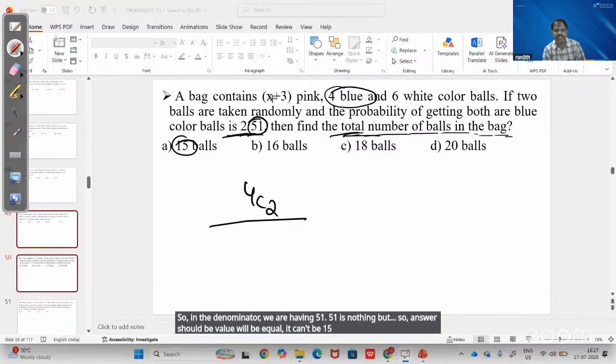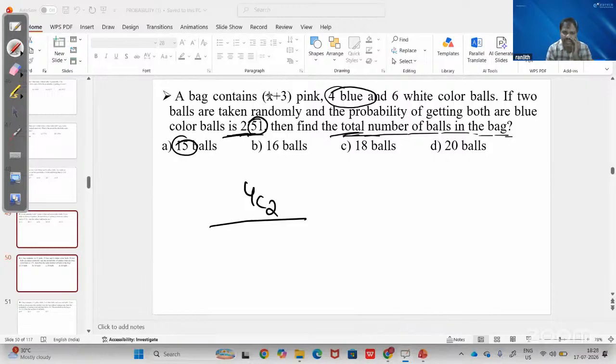I think if I take 4, 15 plus 3 equal to 18. Somewhere the question is wrong. So we don't need to find the X value, right? I will check once.